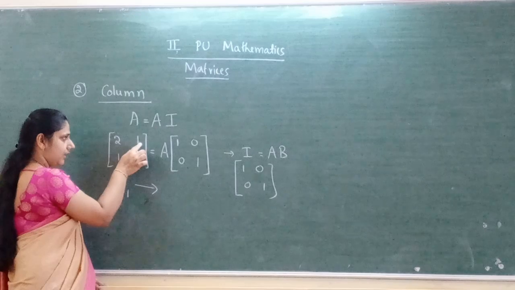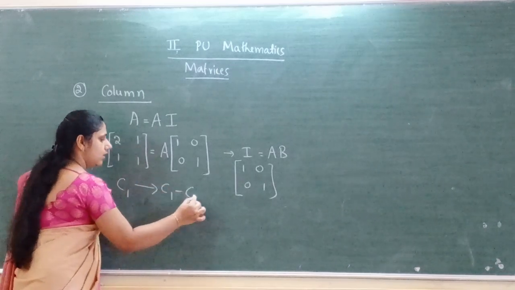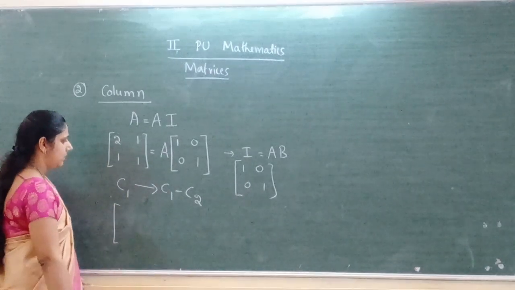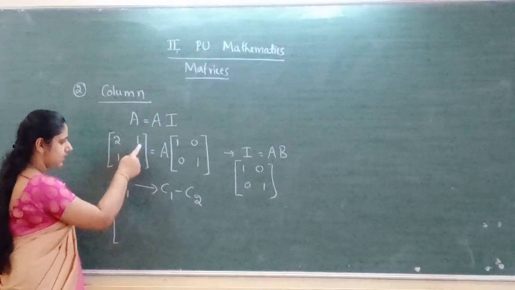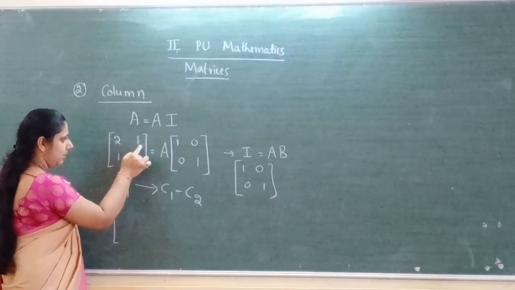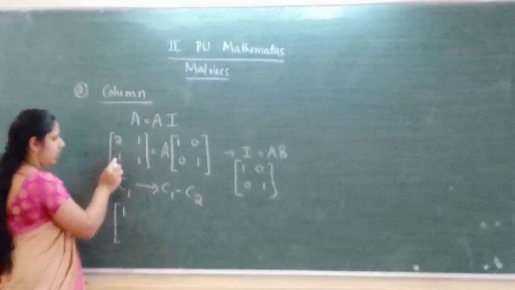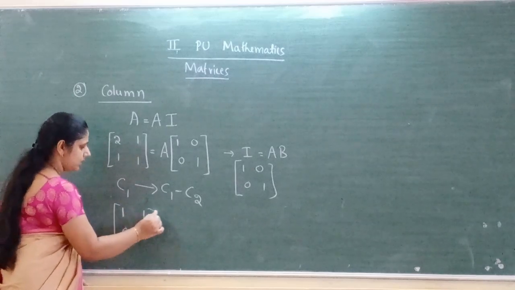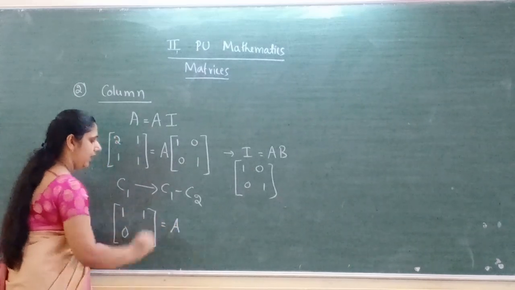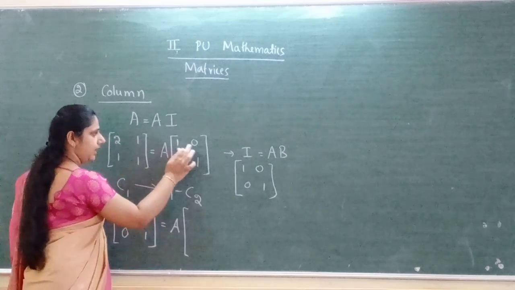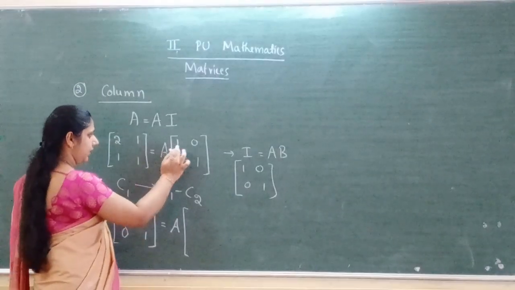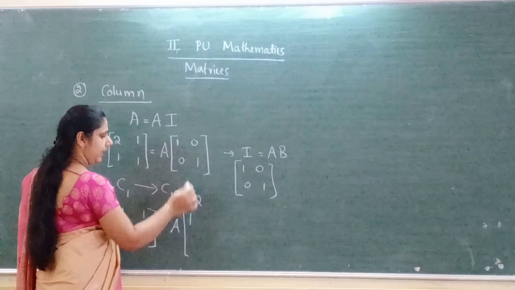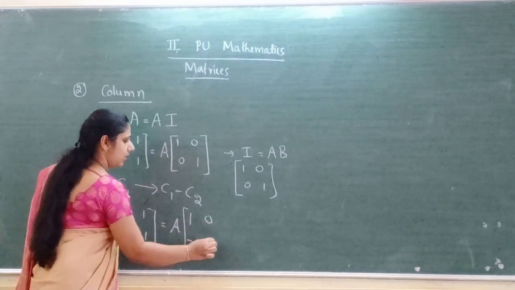If I subtract the second column from the first, that is operation C1 minus C2, the first column changes as 2 minus 1, 1, 1 minus 1, 0. The second column has no change. As it is, equal to A into, again the same condition, that is C1 minus C2. So 1 minus 0, 1, 0 minus 1, minus 1, 0.